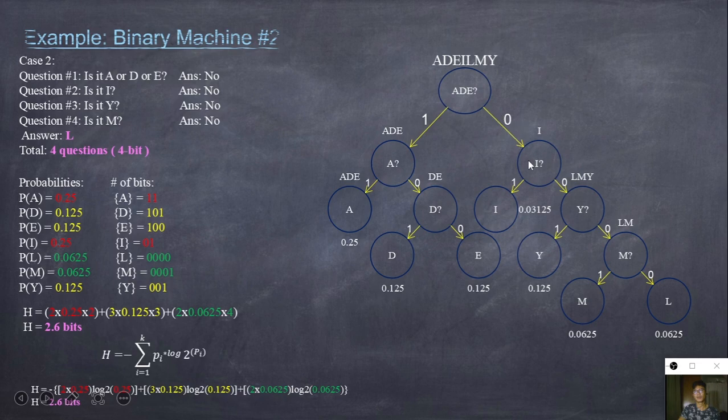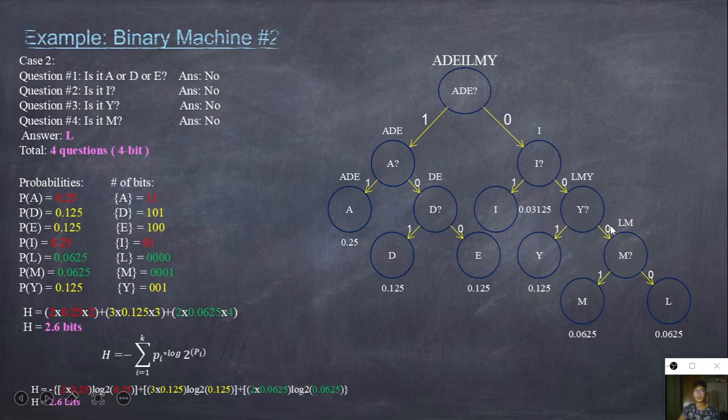For no, it is represented as I. Is it I? For yes, it is I, which has a probability of 0.03125. For no, the possible outcomes are L, M, Y. Is it Y? For yes, we predict Y, with a probability of 0.125.